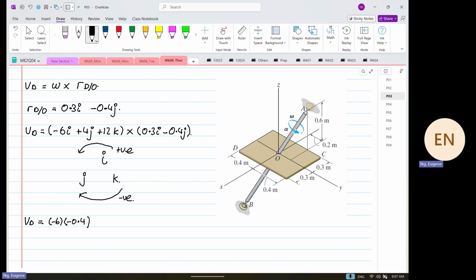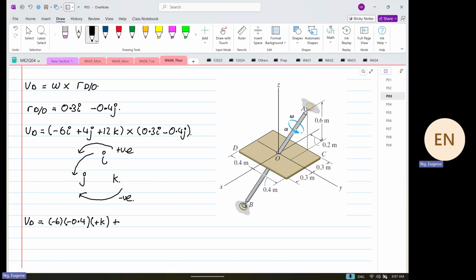And then I cross j. So you see I cross j is coming in what direction? It's in this direction, so it's going to be positive k. Okay. And then anything else? Nope. Okay. Then you do a plus down here.